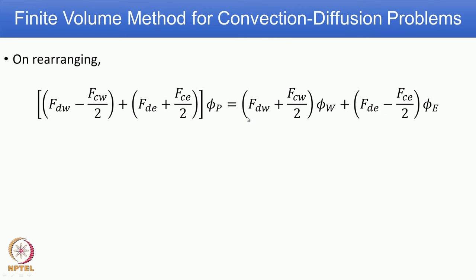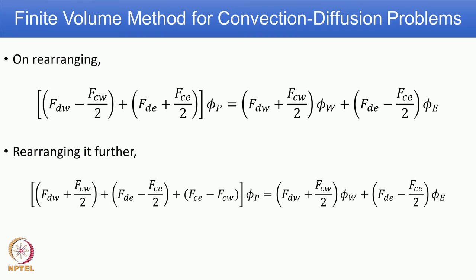As we said many times before, P is the node of interest, and in this case for 1D the node of interest will run from left to right. We do one more rearrangement, and we will understand why we are doing this.